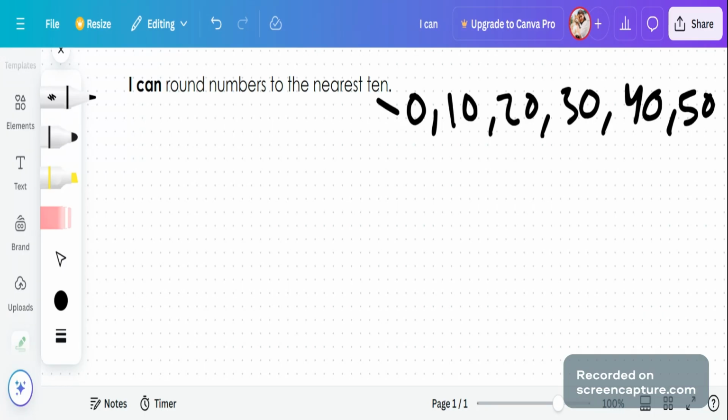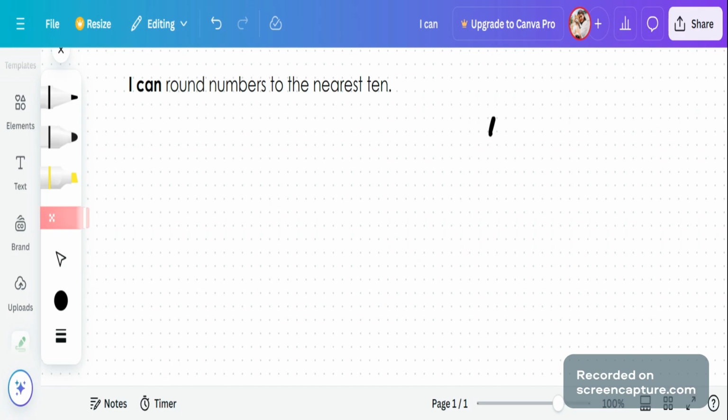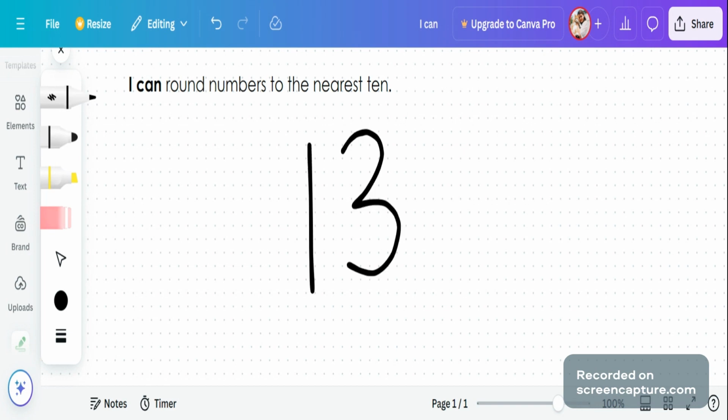So I'm going to go ahead and erase my board. I need you to write the number 13. So in the number 13, what number is in the ones place?